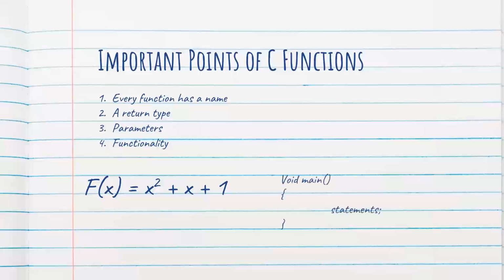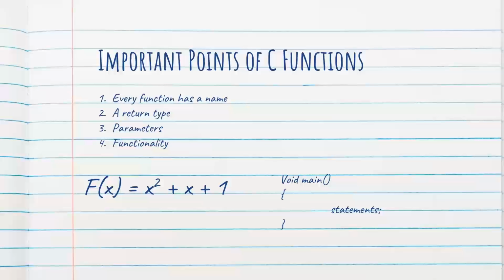Similarly, C language functions resemble arithmetic functions. Now you can see this main function that we have discussed many times in our programs. The first thing that you see in this function is void. Void is a return type. Every function either returns something or returns nothing. If a function returns nothing, then we specify void. The main function does not return anything, so we specify void here.